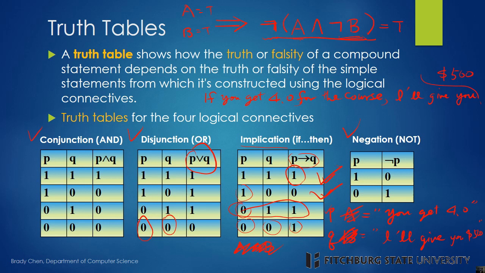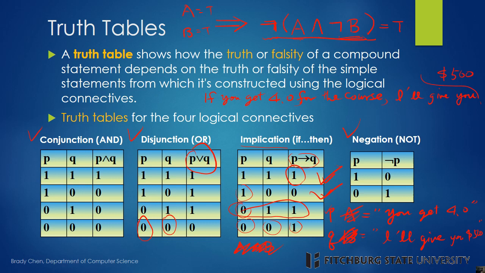Anyway, I haven't broken my promise. If I gave you $500, I still haven't broken my promise, because anyway, you failed the test. You didn't get the 4.0, so it really doesn't matter what I do.